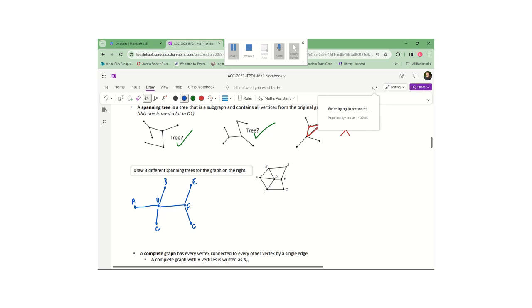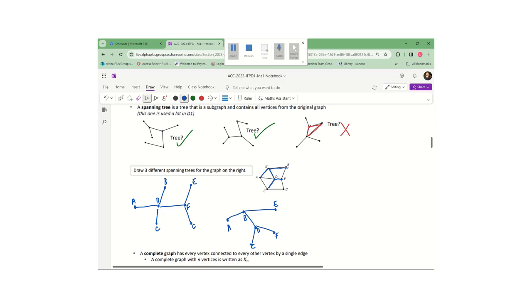So I could, for example, do a different one, and you can think of your own examples here as well. These aren't going to be the only ones, but say I go from A to B to E now. So I'm doing this bit, and then I think I'll go down to D from B, and then I think I'll just go from D to C and F, and you just want to avoid making a cycle.